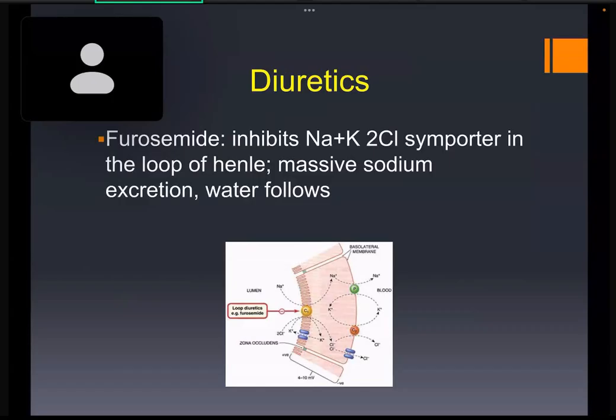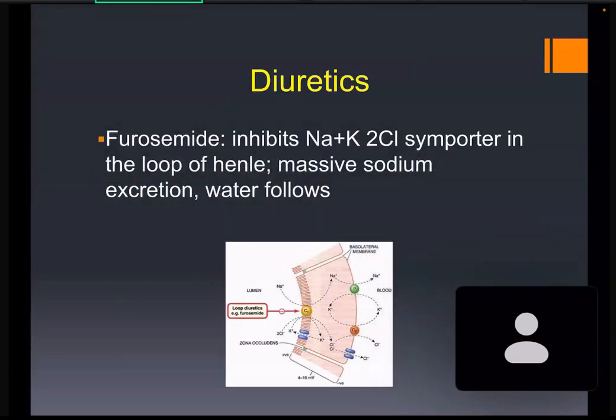Okay. The next thing that you can do to remove the fluids is to give diuretics, and the common diuretic that we use is furosemide. The mechanism of action of furosemide is it inhibits the sodium-potassium-2-chloride symporter in the loop of Henle. That's why it's called a loop diuretic, if you remember.